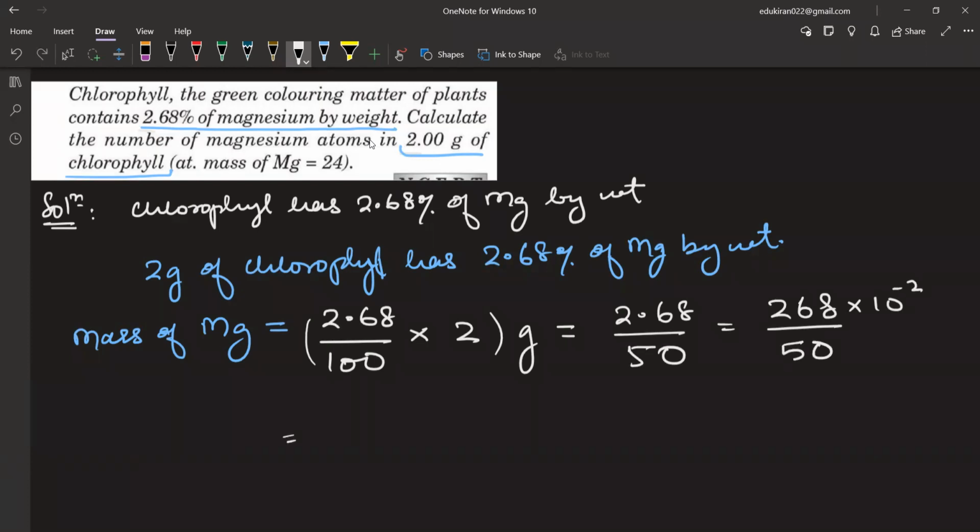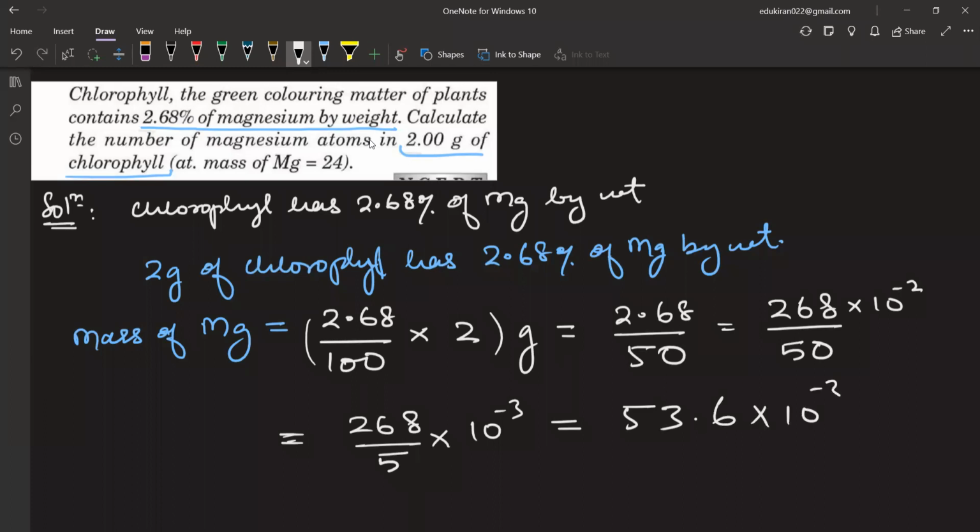This is 268 upon 5 into 10 to the power minus 3. 5 5s are 25, 5 3s are 15, and 18 is remaining. So we'll put a point here and then write 6 into 10 to the power minus 3 grams.